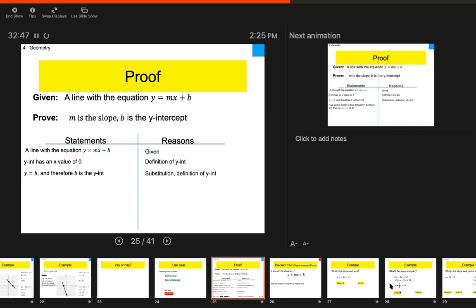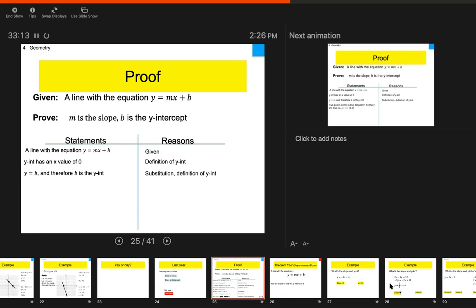It's the y-intercept, so 0, comma b. There's 1 point. And then your x-intercept is negative b over m. Okay, so let's go back to our original thought: how do we find the x-intercept? You make y equal 0 and solve for x.